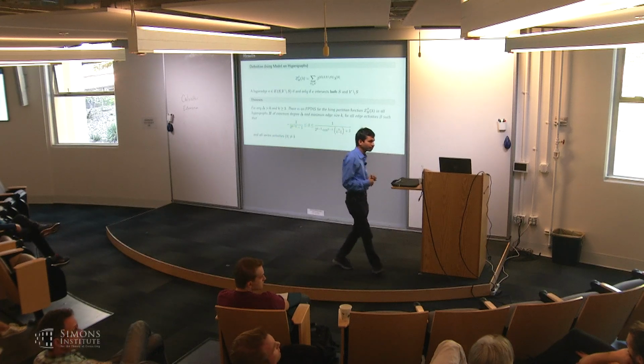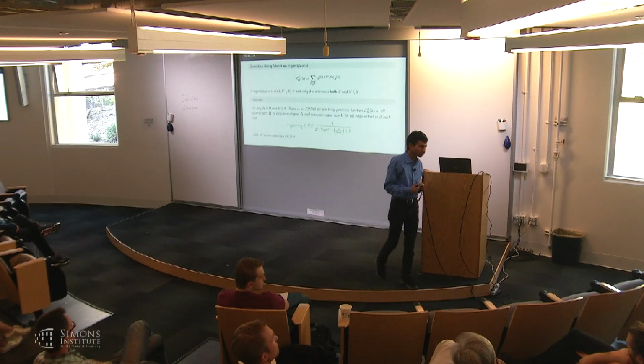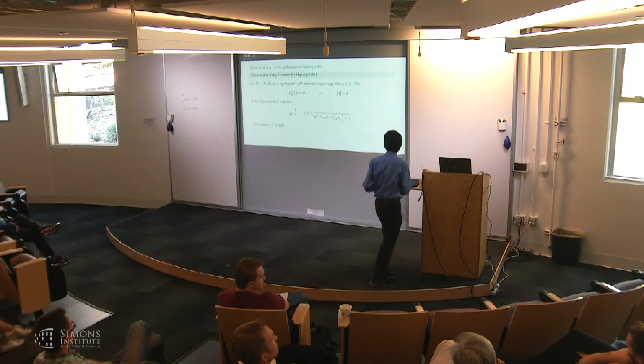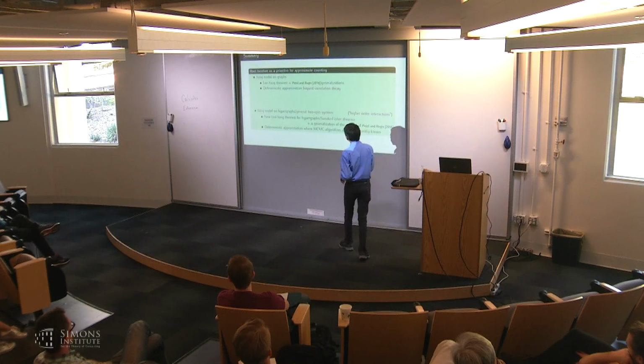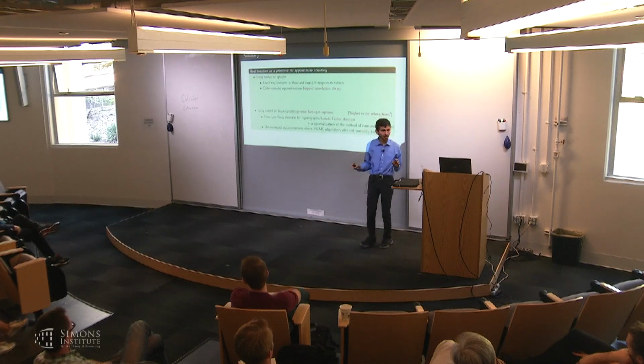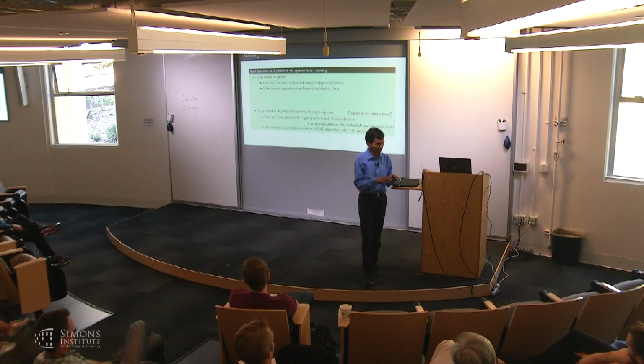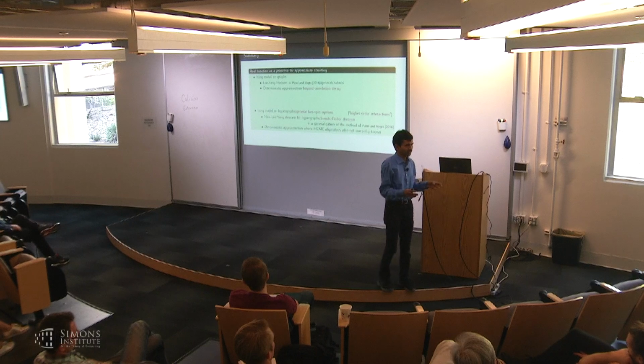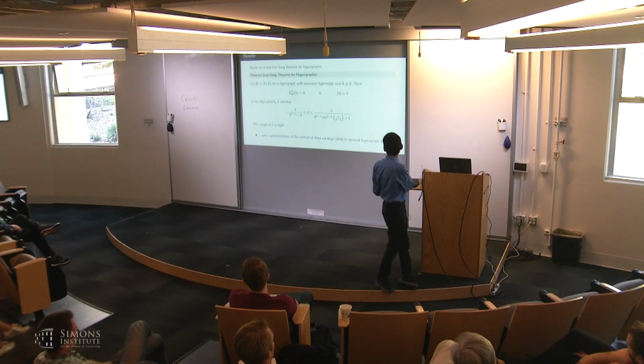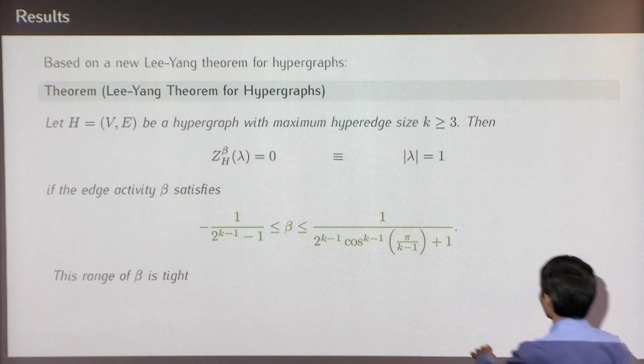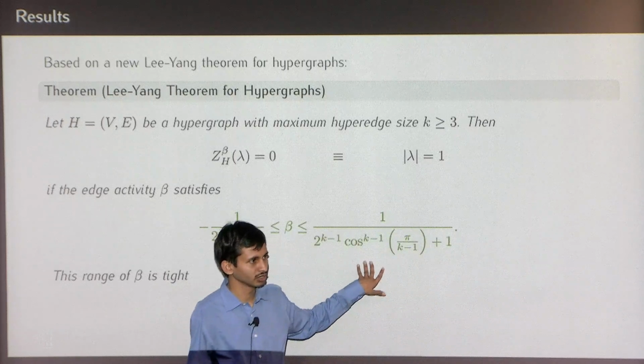Can you generalize to the multivariate case, both for beta and lambda? There's already a result of Suzuki and Fisher which gives a general Lee-Yang theorem for that setting. It's not tight, for example, in this setting. What their result would give you here is the same thing without the cosine.